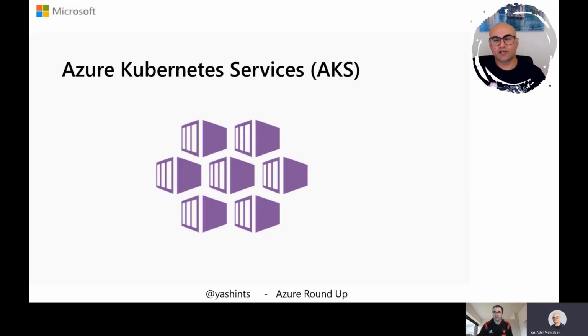We talked about quite a few different ways to run your container workload within Azure, and it's really time to go into a bit more advanced situations. For the advanced situations, I think it's simply time to go through Azure Kubernetes Service, or AKS for short.